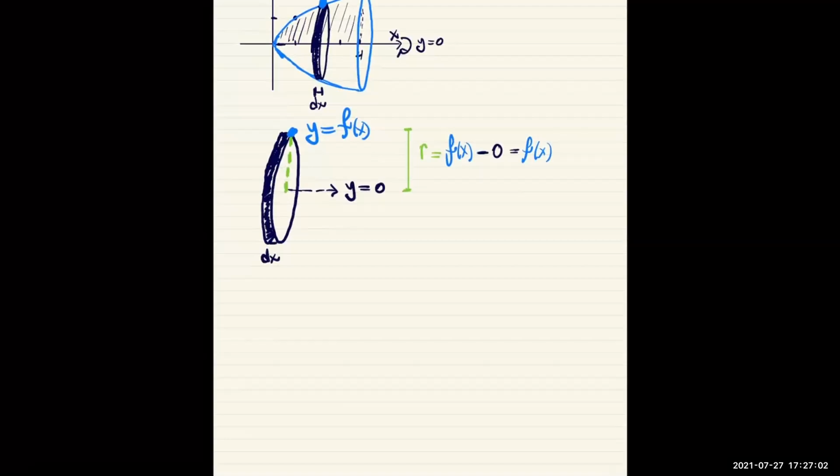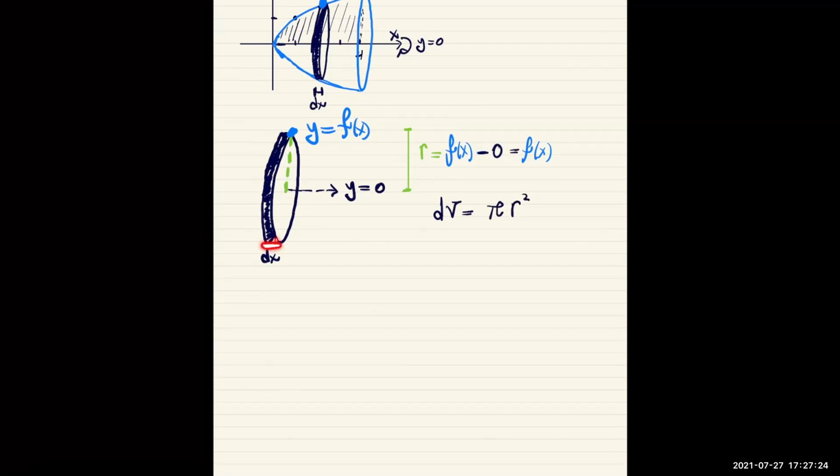So we can now find the volume of this tiny cylinder. We call that dV. dV is an increment of volume, or just the volume of a tiny slice. And since it's a cylinder, volume is pi times r squared times height.